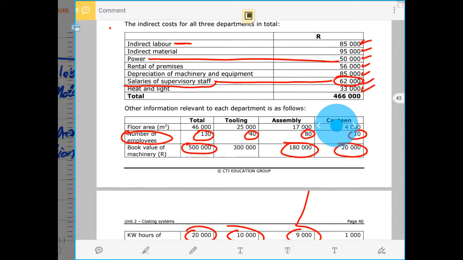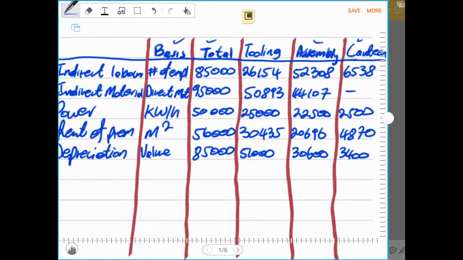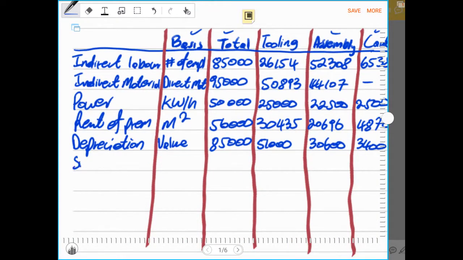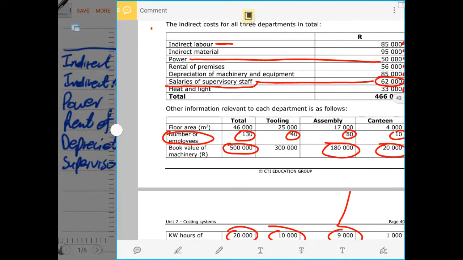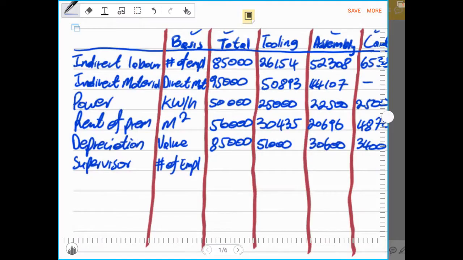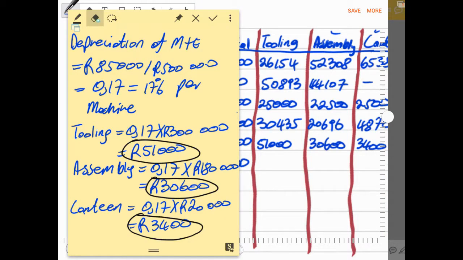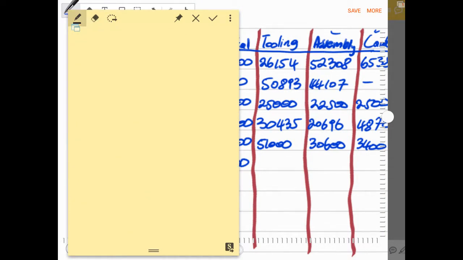So now we write the salaries of supervisory staff, based on the number of employees. The total salary of the supervising staff is 62,000 rands in total, and the base is the number of employees in each department.